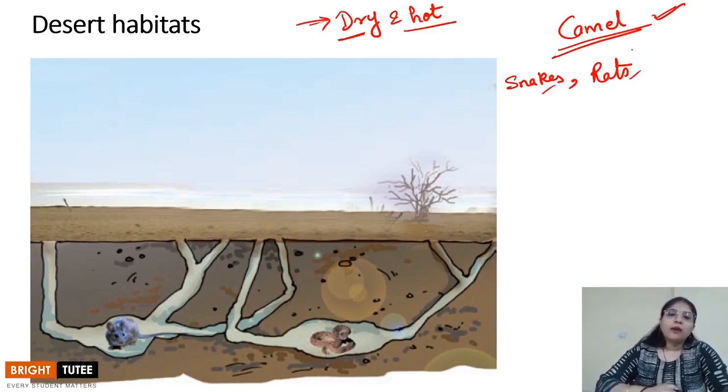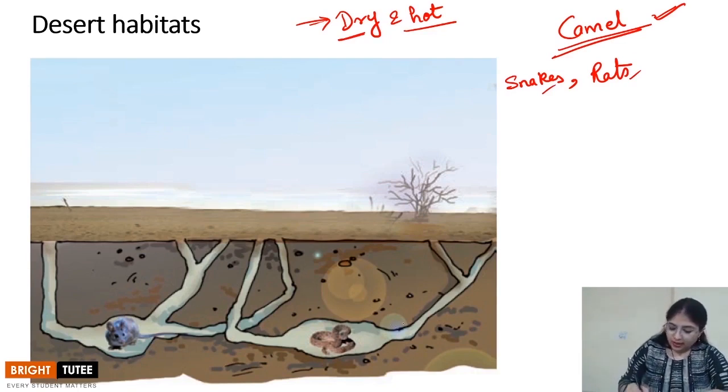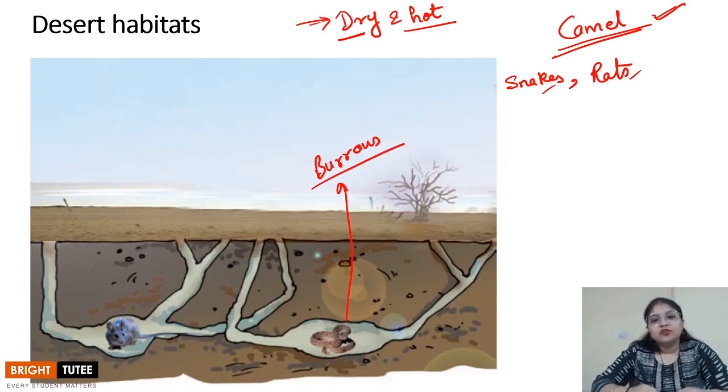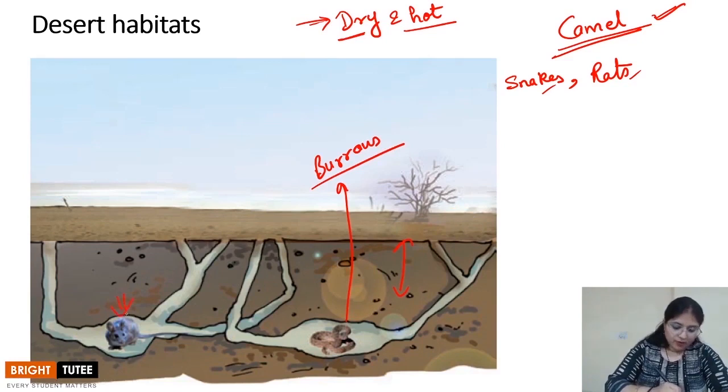So usually what happens is that these kinds of animals do not come out during the day. During the day, they stay in their burrows, right? These animals dig these burrows deep down below the surface of the soil, because over here the temperature is really high, right? At the surface the sand is really hot, and during the day these animals stay in their burrows, right?